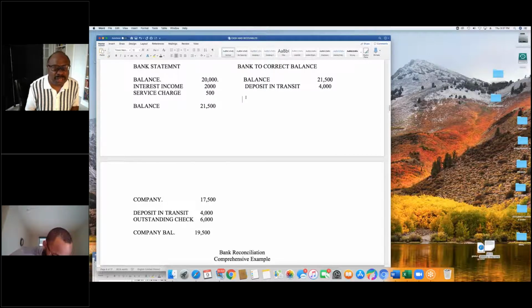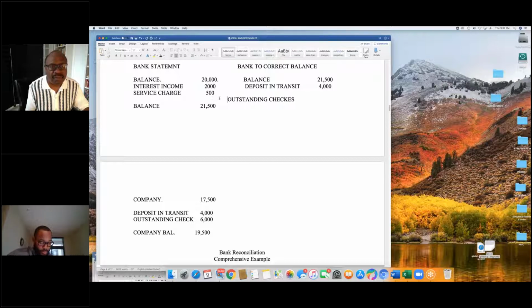Then it's going to subtract the outstanding checks, the ones that have not cleared yet, which are 6,000.